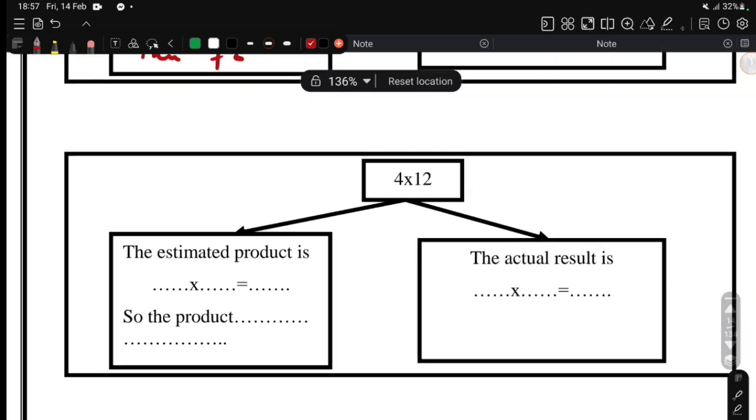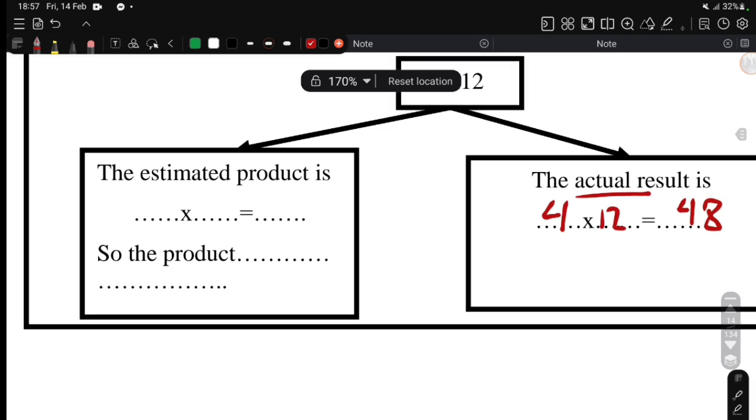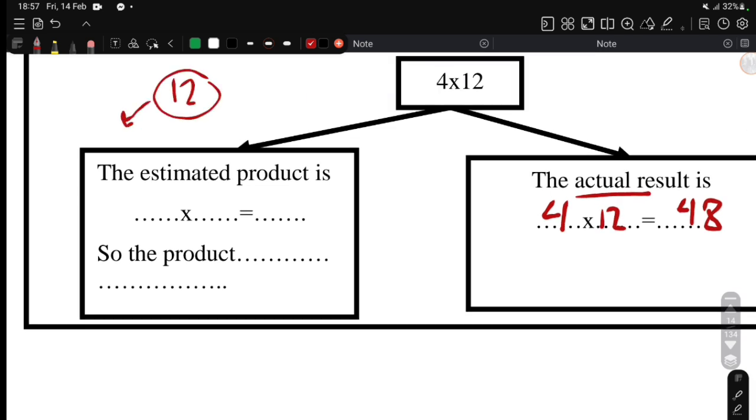I have 4 times 12, okay. The actual result, meaning the exact result, 4 times 12 will be 48 from the tables, okay. And for the estimated product, I will ask, 12 is closer to what? Yes, before it is 10 and after it is 20. So it's closer to 10 or 20.